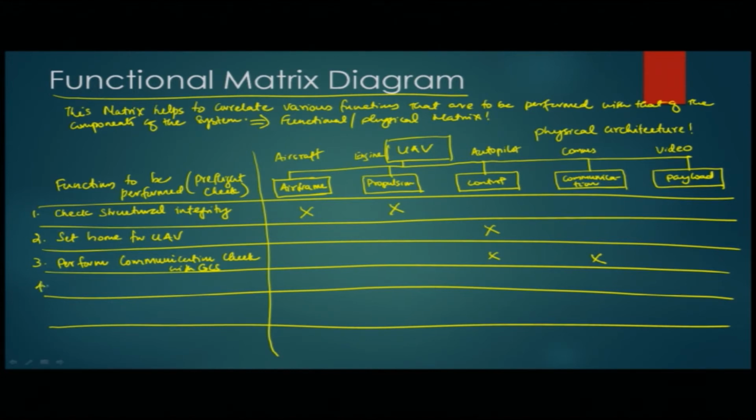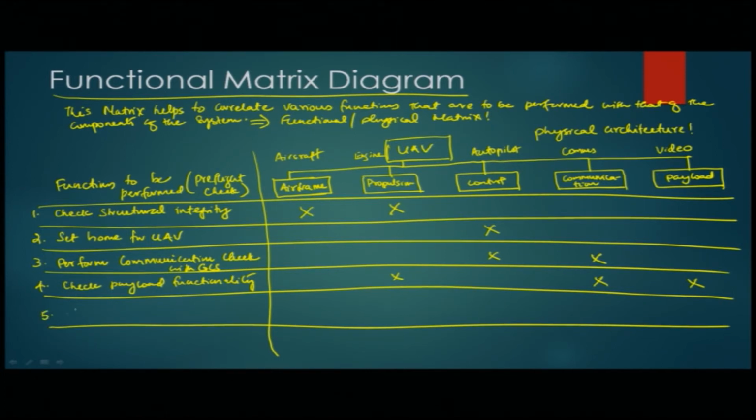Then the fourth thing we will do is check payload functionality. So you are checking whether the payload is working. Obviously the communication and the payload both need to work, and you also need to ensure that the propulsion is ready, because you require power to do this. So all these three things need to be done.